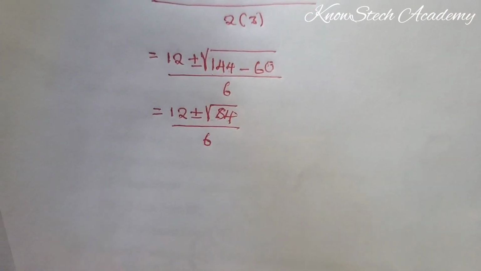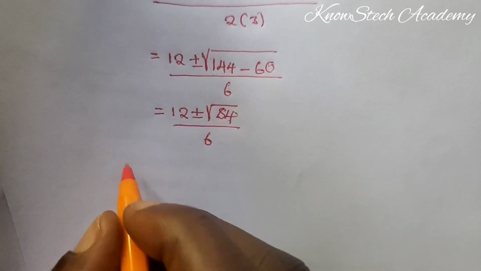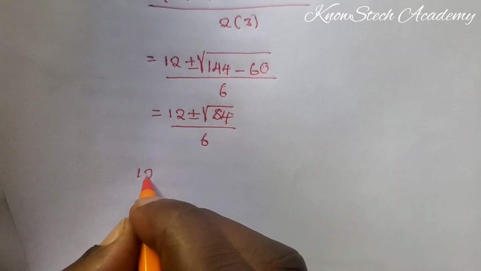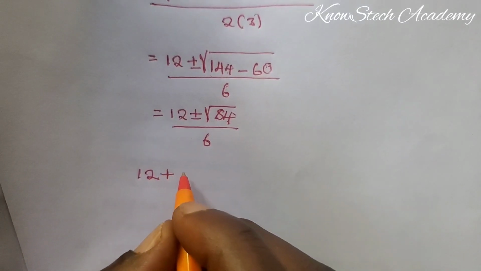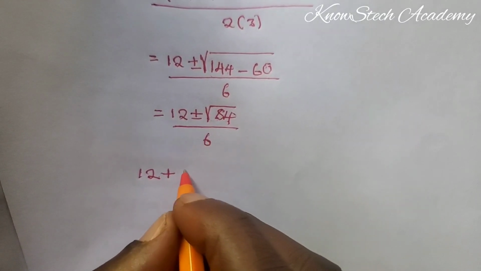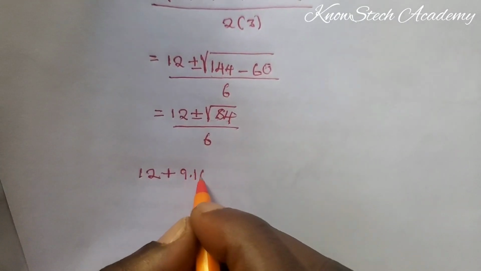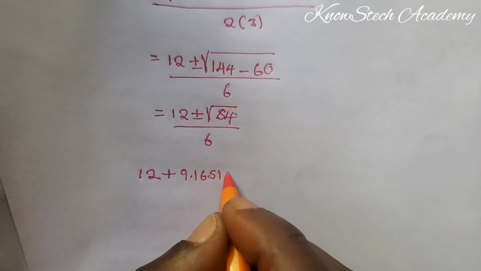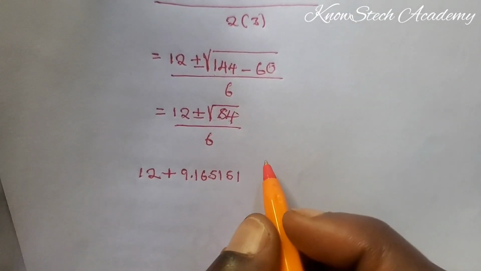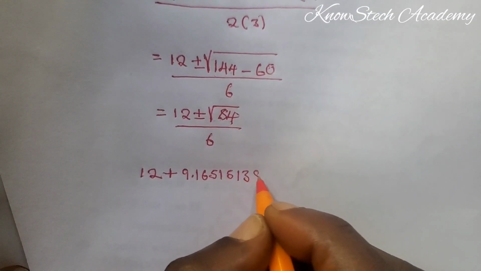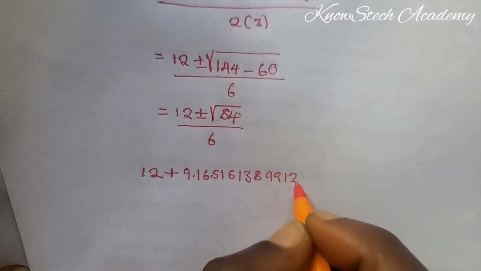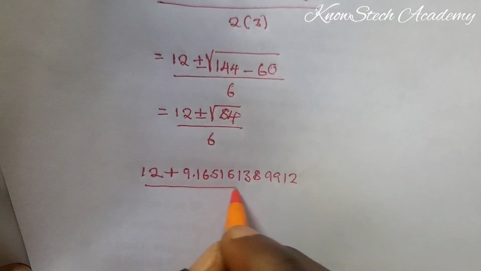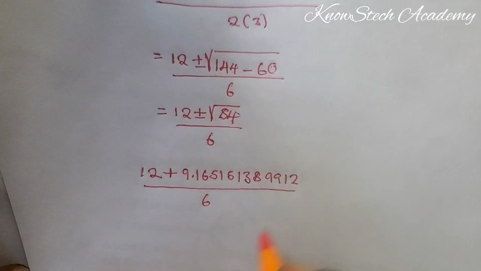So the square root of 84, so we're going to say 12. In this case, we're going to use a plus. Now we separate, plus the square root of 84, which is 9.16515138912 divided by 6.